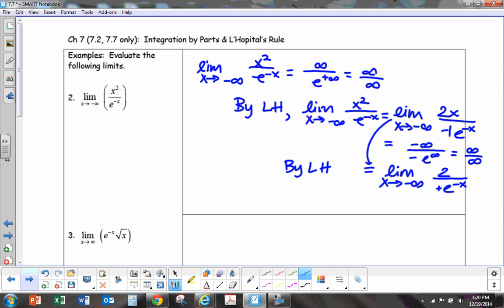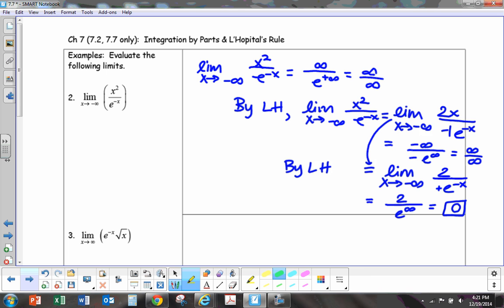Now I should be able to find the answer, because if you notice, starting with the x squared polynomial, every time you take a derivative, x squared gets bumped back to an x, and then that gets bumped back to a constant, and at that point I'm going to be able to find the answer. So it might take me a couple times of doing L'Hopital's rule, but now if I want to plug in, I would get 2 on top, e to the positive infinity on the bottom. So 2 over something very, very large, 2 over infinity, that approaches 0.